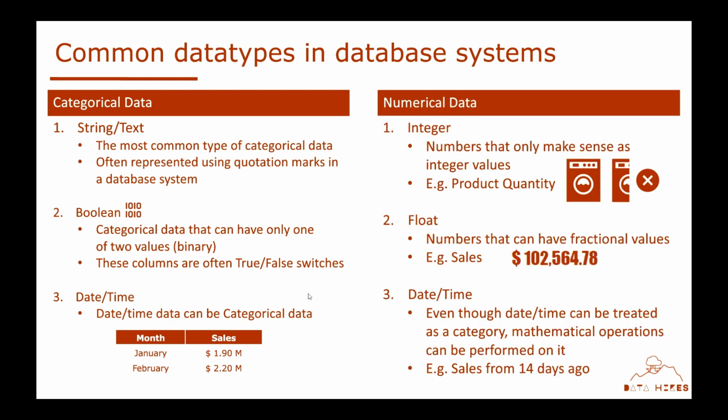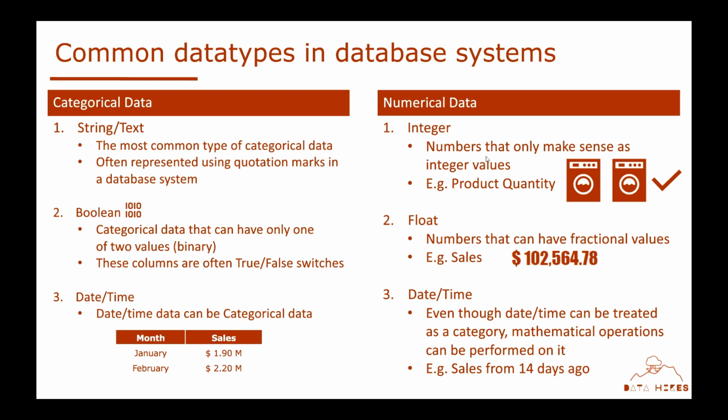The other side we are seeing is numerical data. First data type we see here is integers, numbers that only make sense as integer values. For example, I can't really say I have 1.5 washing machines at this store. It has to be either 1 or 2 washing machines, right?